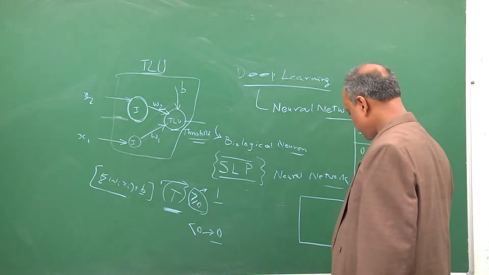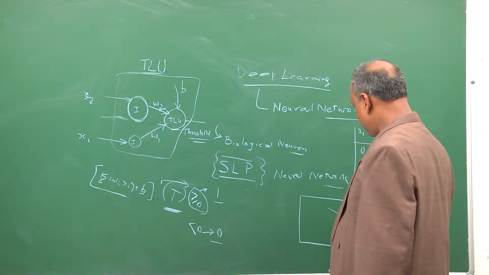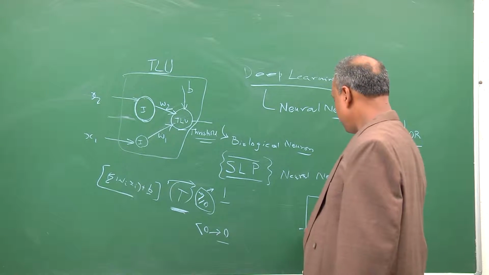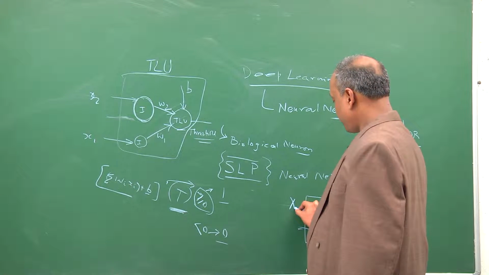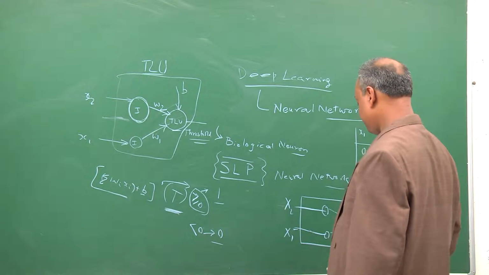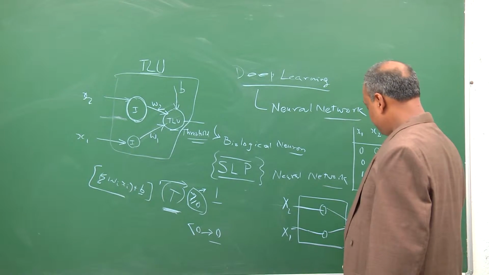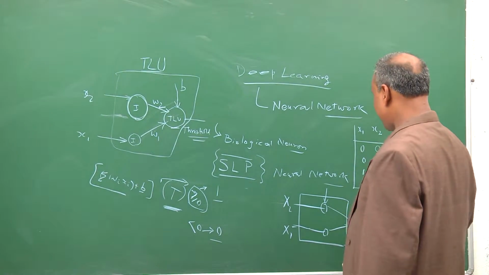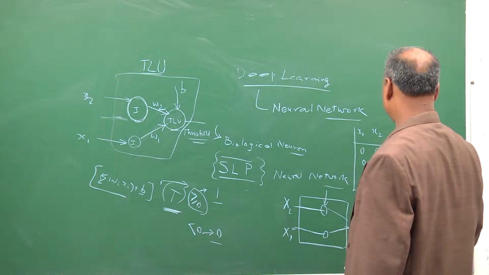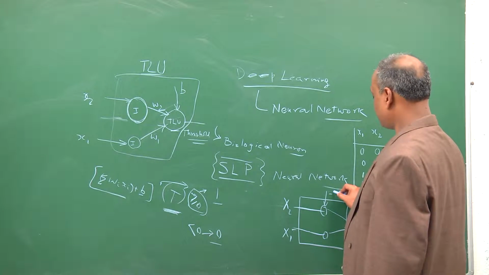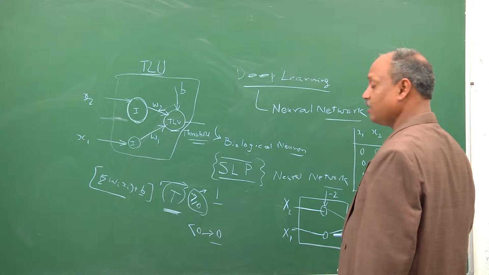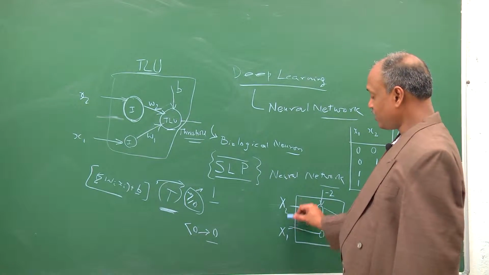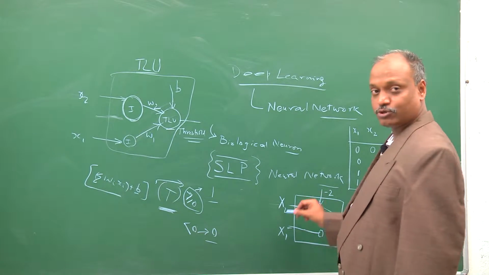Suppose we talk about x1 and we look at the output function, there is a bias function. Suppose the bias is -2, right? And we want x1 and x2 to be input to this threshold unit.